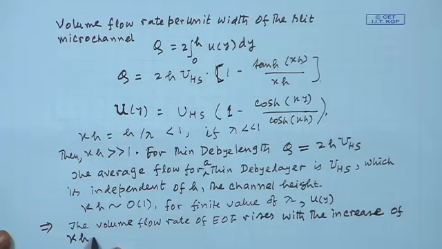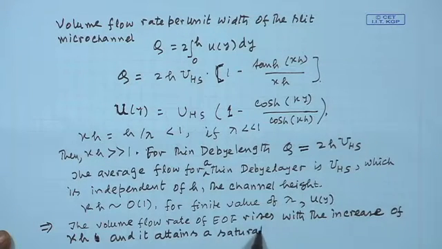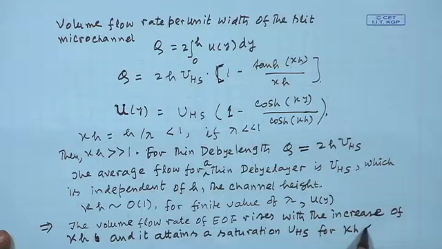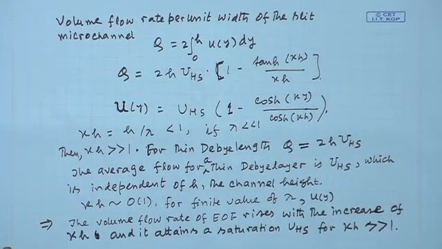In other words, reduction of EDL, kappa h, and it attains a saturation, UHS, for kappa h many times greater than 1. For large kappa h, it approaches saturation, what we have shown also graphically.